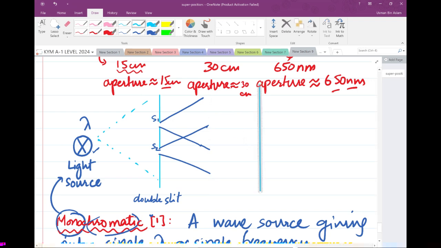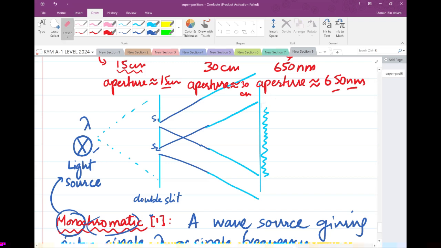When the light from S1 is spreading out and S2 is spreading out this way, you can see there is a little area where the light coming from S2 will be falling on light coming from S1.